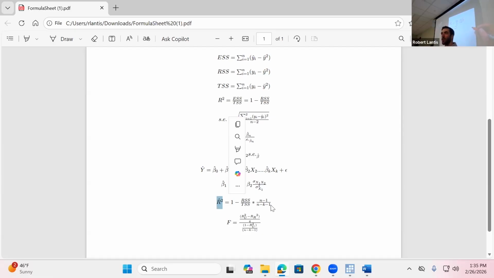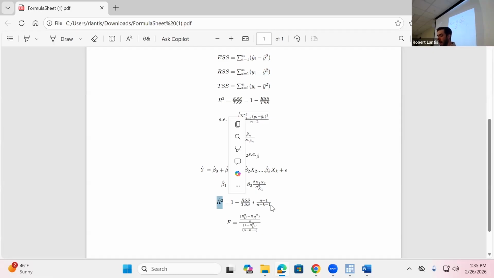Start out with a really low sample size. Think about here, we had, I think, 4 variables, so K was 4. It might have been a little bit higher, but we'll just think about this hypothetically. If I had a sample size of 6, what would this scaling factor be equal to? 5 over 1.